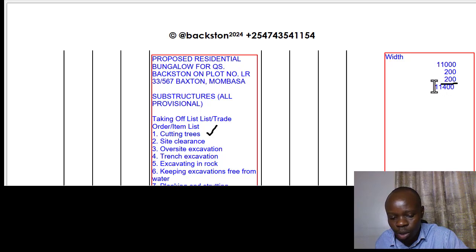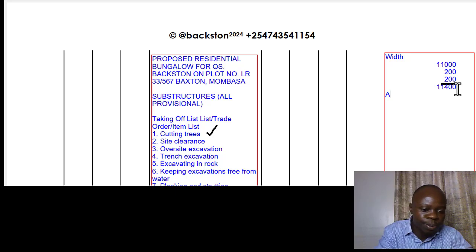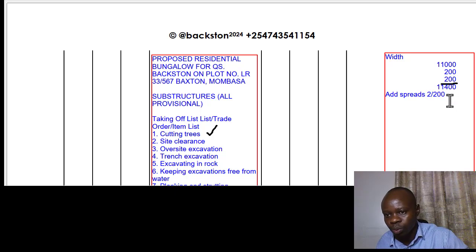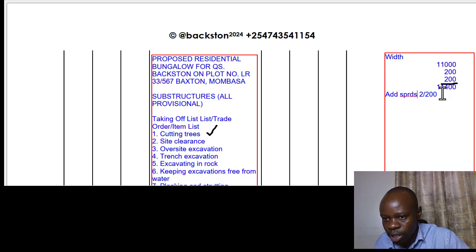But then, as usual, as I told you, you have to remember to add spreads. Add spreads, and the spreads are also 200 multiplied by 2. Okay, so what does that come to? You can always use the abbreviations that we had learned to express these items.